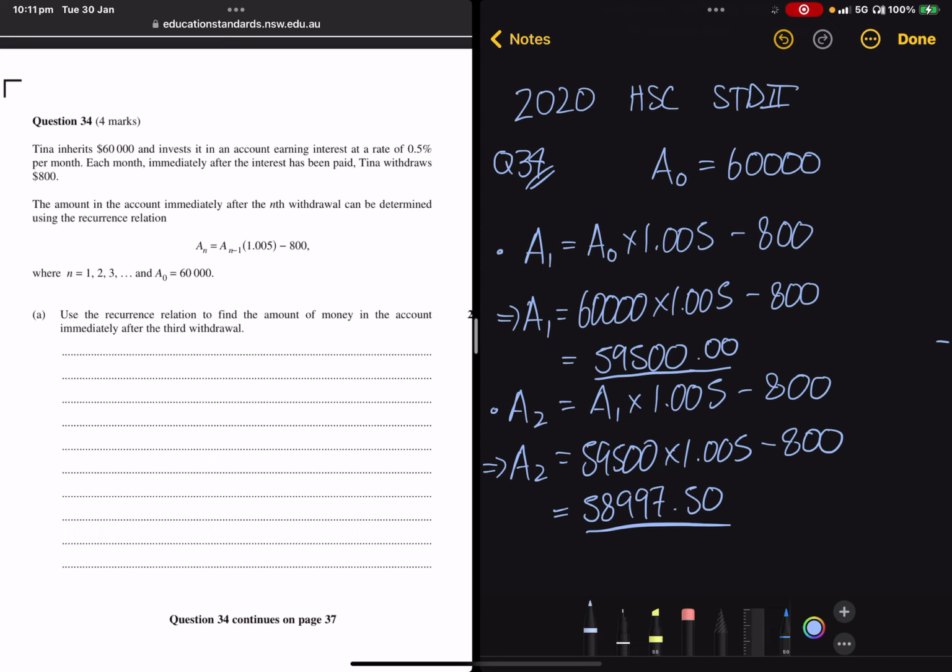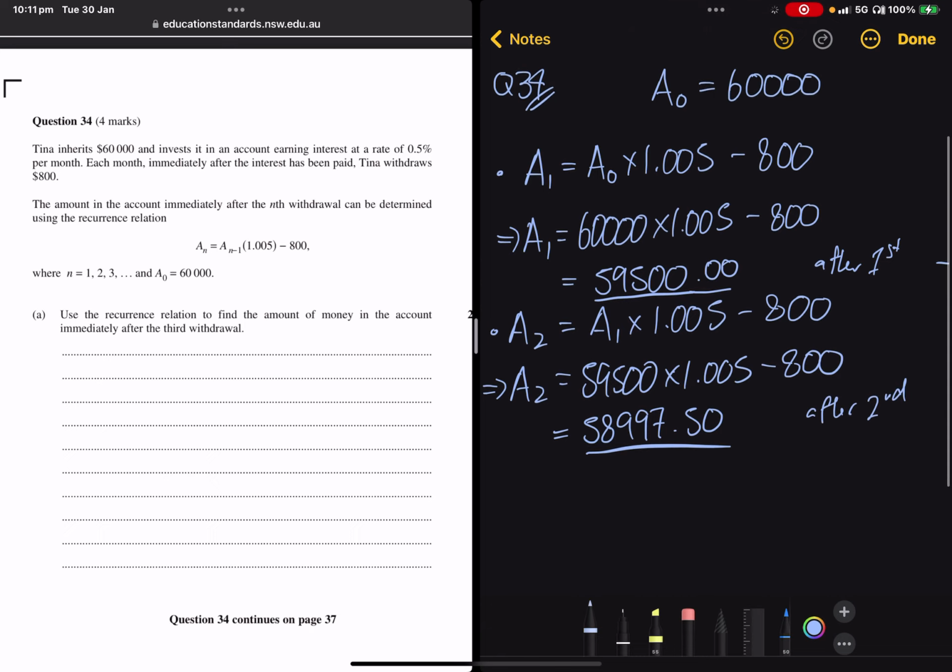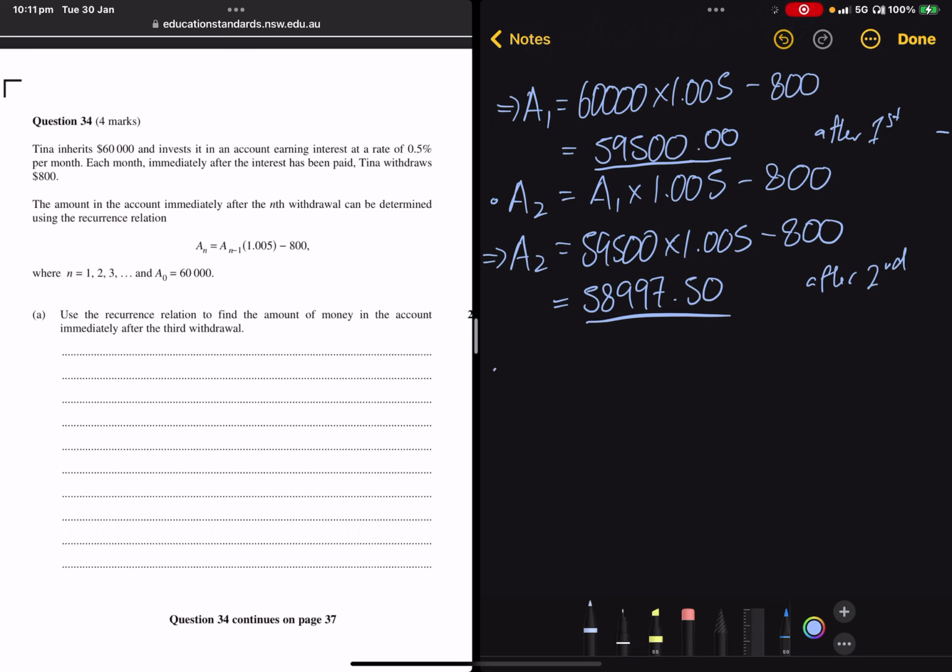We're after A3 because the question says use the recurrence relation to find the amount in the account after the third withdrawal. So this is after the first withdrawal. This is after the second withdrawal. So we need to do this once more. A3 is A2 times 1.005 minus 800.